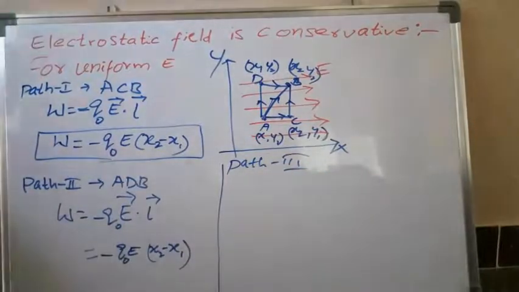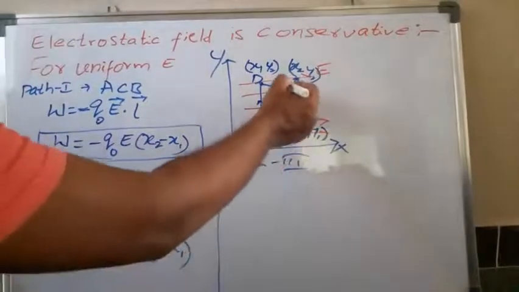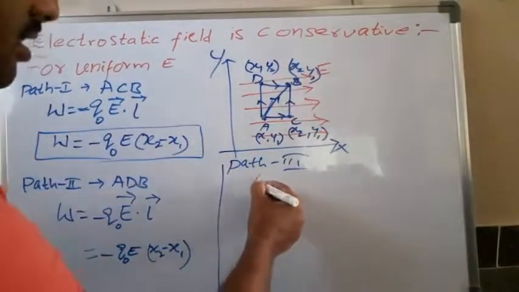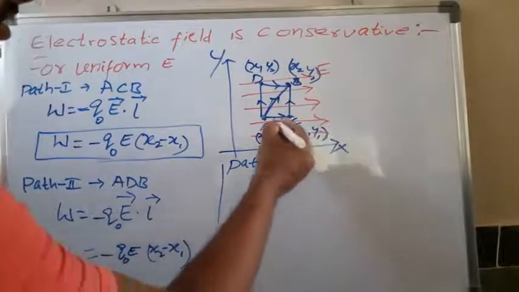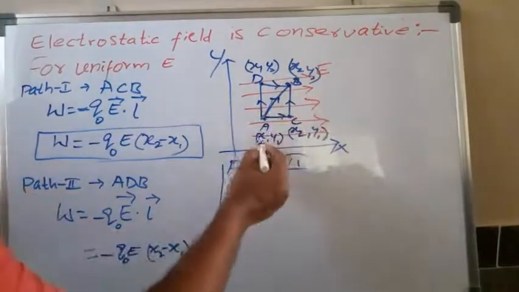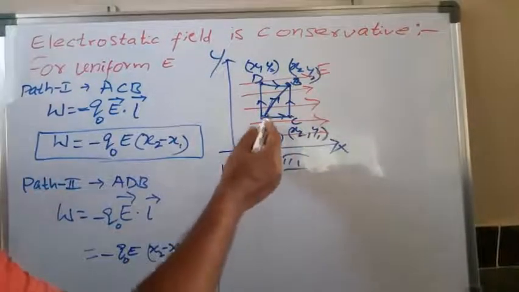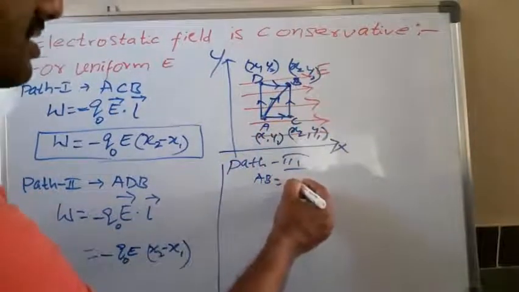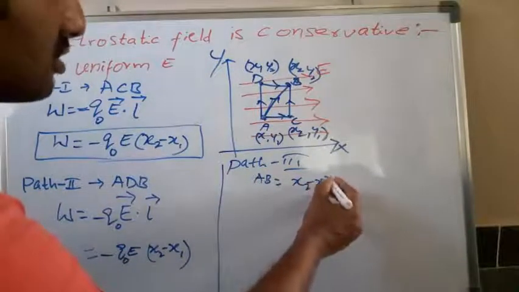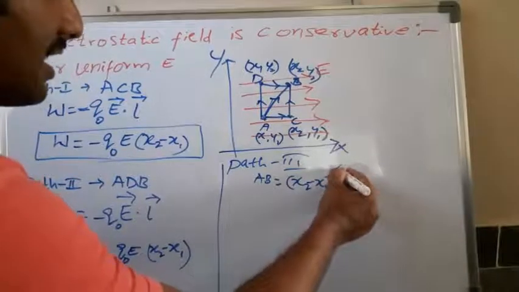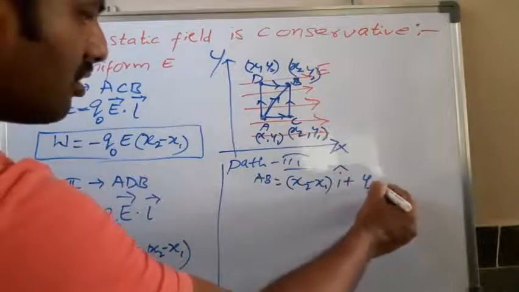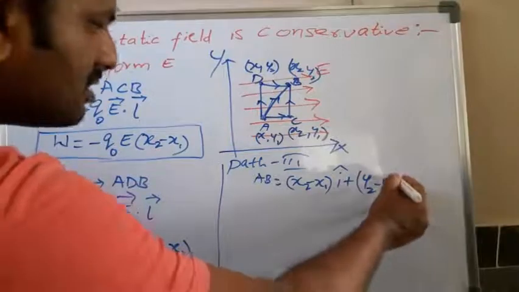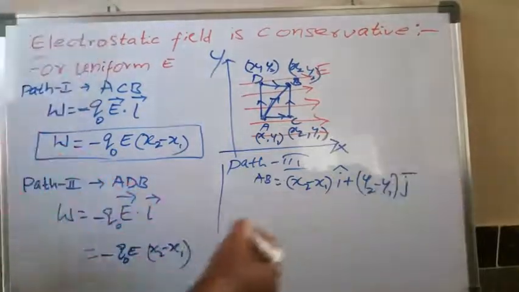For this, we need to take the displacement vector of AB. x1, y1 are the coordinates of point A, x2, y2 are the coordinates of point B. So the displacement vector of AB is equal to x2 minus x1 i cap plus y2 minus y1 j cap.